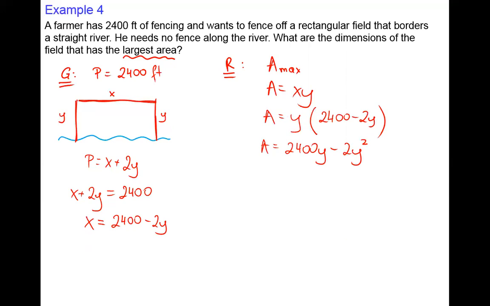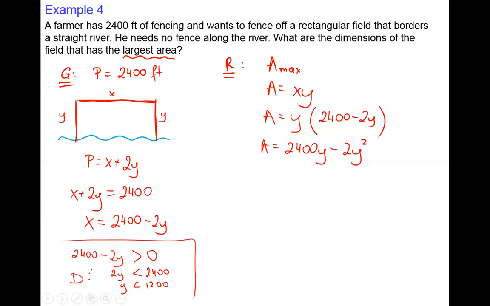We do have some restriction actually, because the given information 2,400 feet is giving me restriction. That means 2,400 minus 2y must be positive. That means 2y must be less than, y must be less than 1,200. That means this is the domain. But it's open interval.